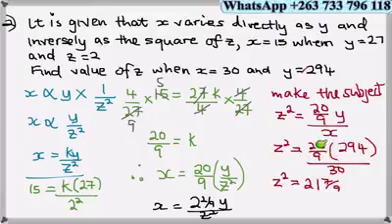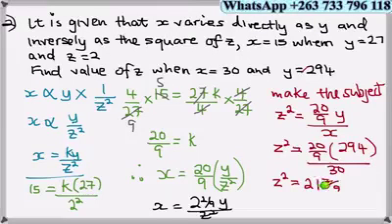Since this is paper 2, let's punch this into a calculator. You can see that this will give you 21 and 7/9. Make sure you are using the remainder function here so that your answers will be easy to read, or you will be comfortable when dealing with these numbers.